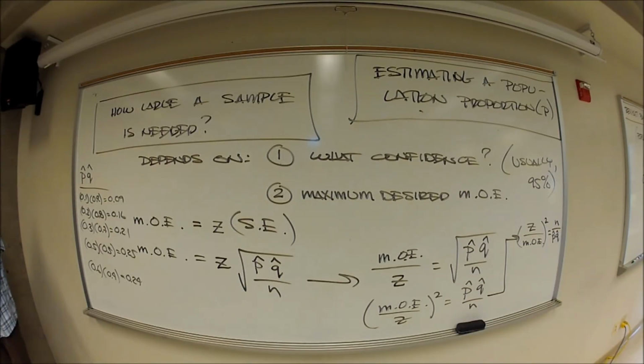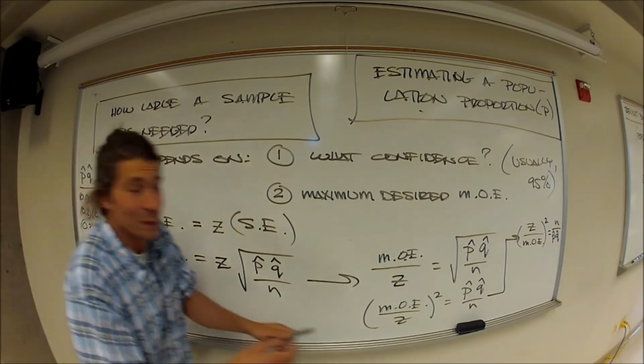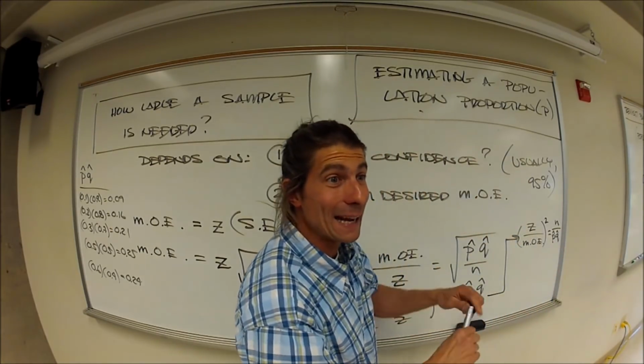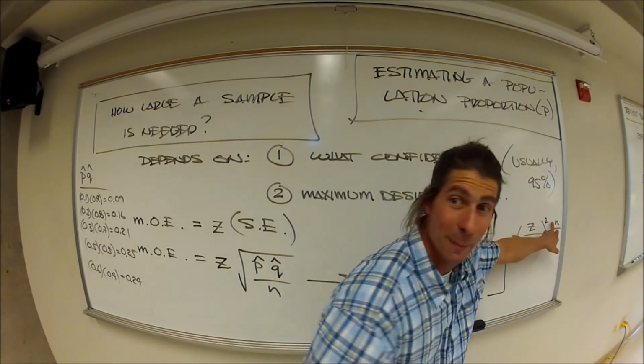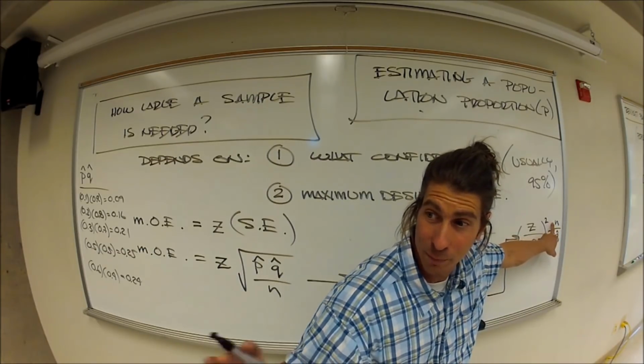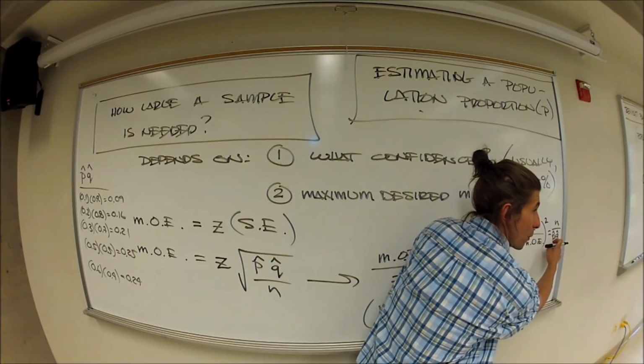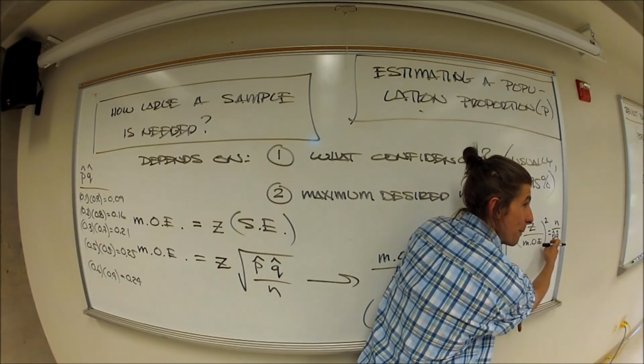Now, there's a reason for that. It's a Math 111 reason. Unfortunately, I've seen enough reactions to the algebra I've done today that I won't draw a parabola on the board to show you why. There is a proof on the original page if you're so interested. So, in order to make this as large as possible, and I like the idea of making it as large as possible because it's going to make the sample as large as possible, which makes our error minimized, let's just assume P hat and Q hat are both a half, which is the safest bet.